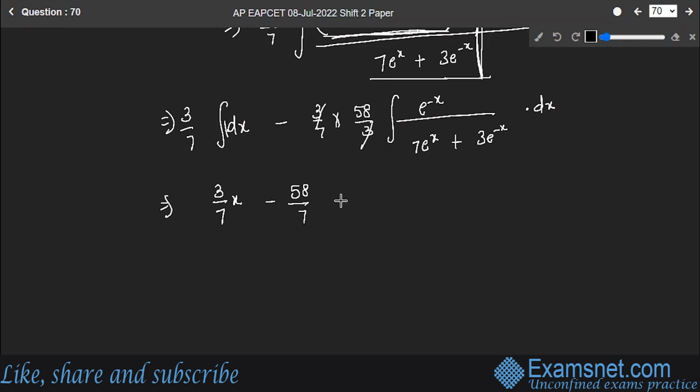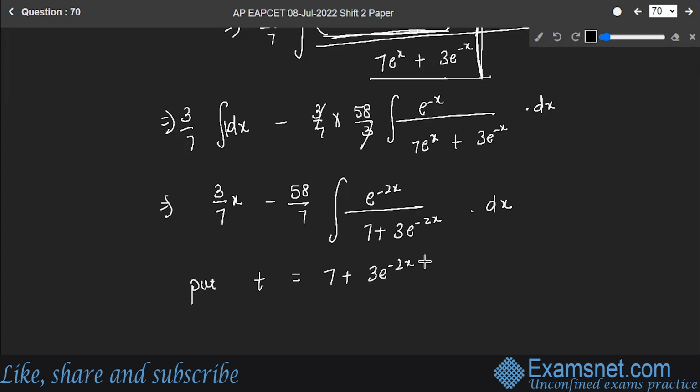And now over here, what I'll do, I'll divide the numerator and the denominator by e^x. So you will have e^(−2x) upon (7 + 3e^(−2x)) dx. I will put t equal to 7 + 3e^(−2x).